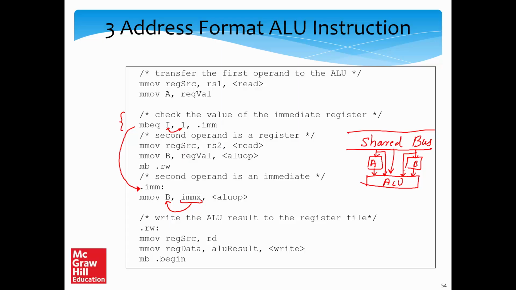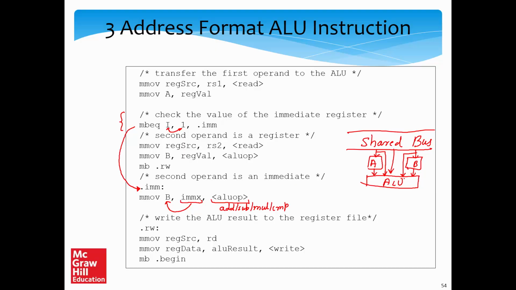MX is being written to micro register B. In addition, we are sending the ALU op argument, which is basically what operation we want to do on the ALU, which can be add, subtract, multiply, compare, all other ALU operations. These ALU operations are being sent to the ALU.